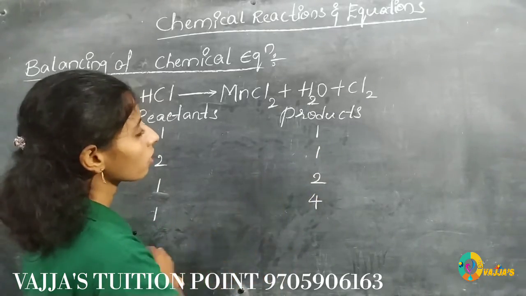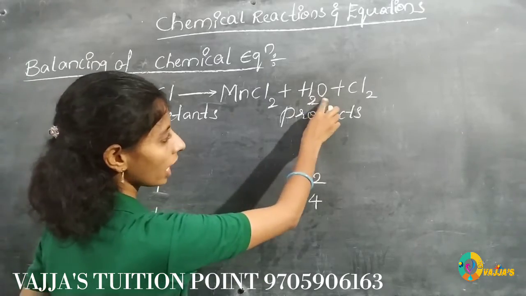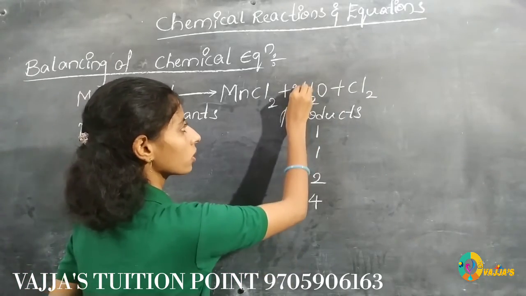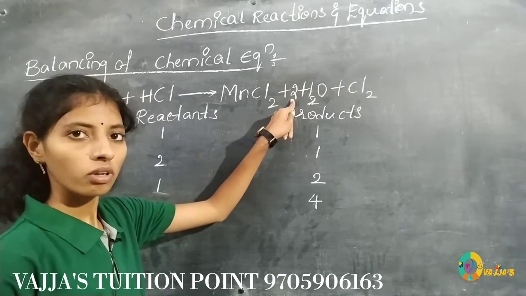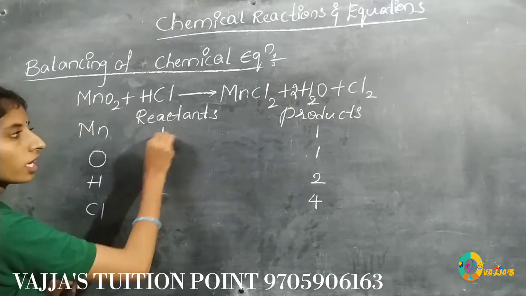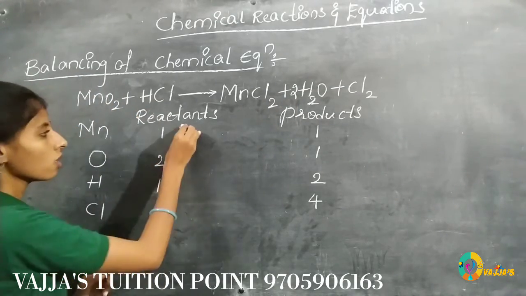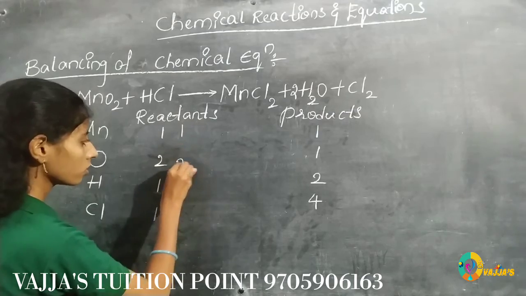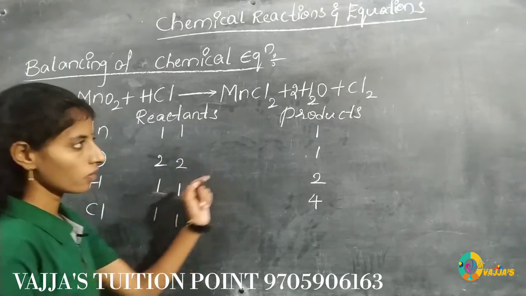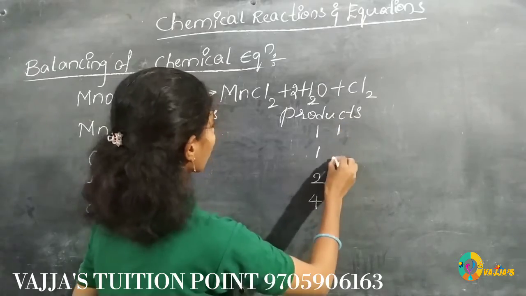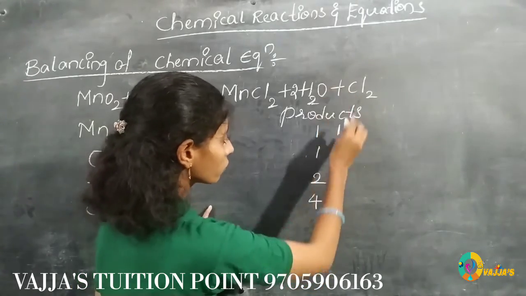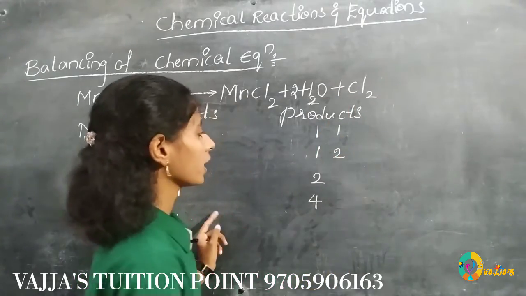For that purpose, before the H2O I am taking the number as 2. Here we are not changing any number, so I am writing like this only. Now here it is changed, so here we have 2 oxygen atoms.